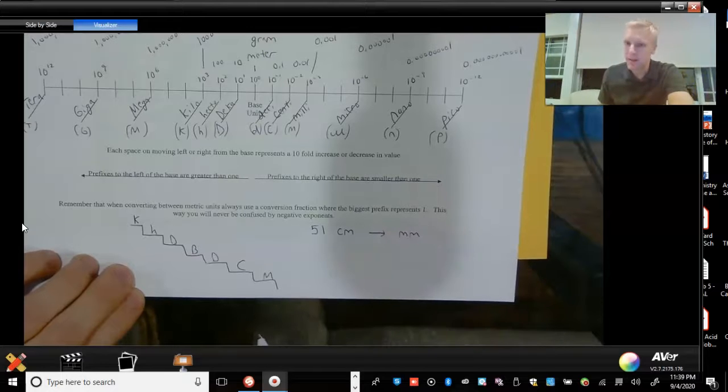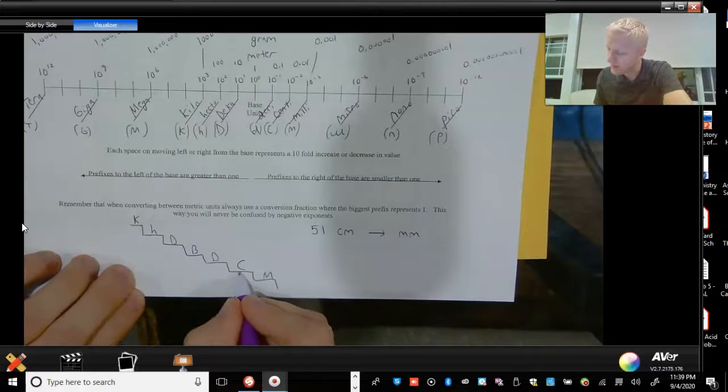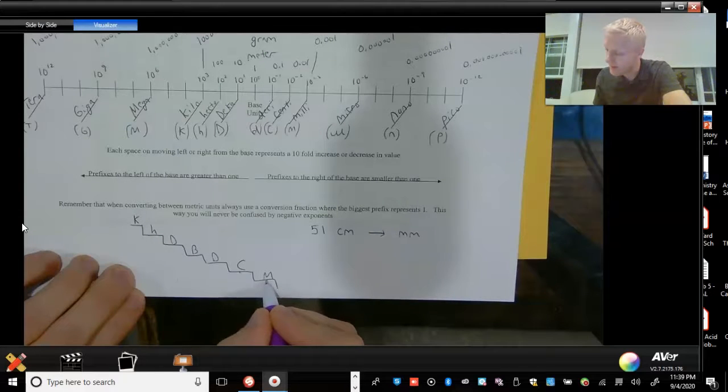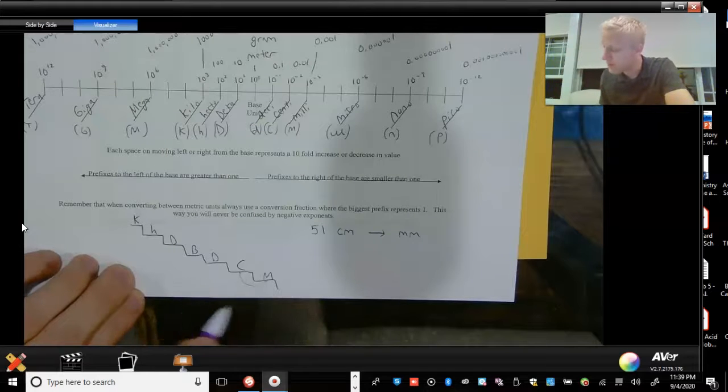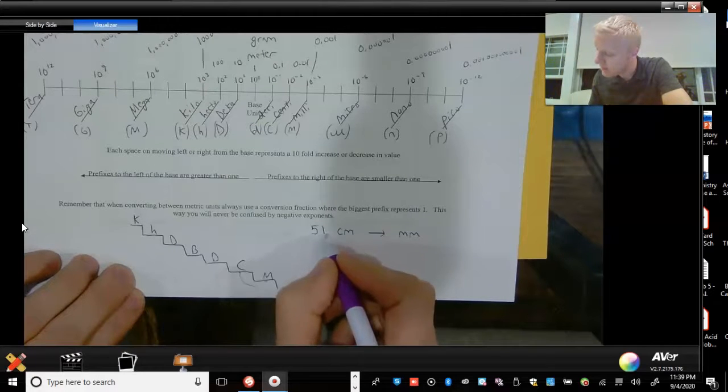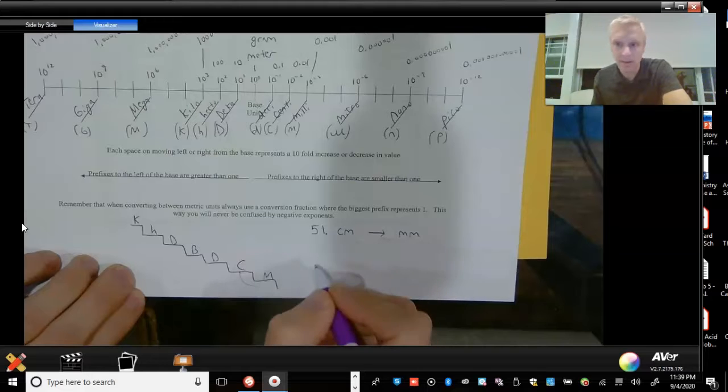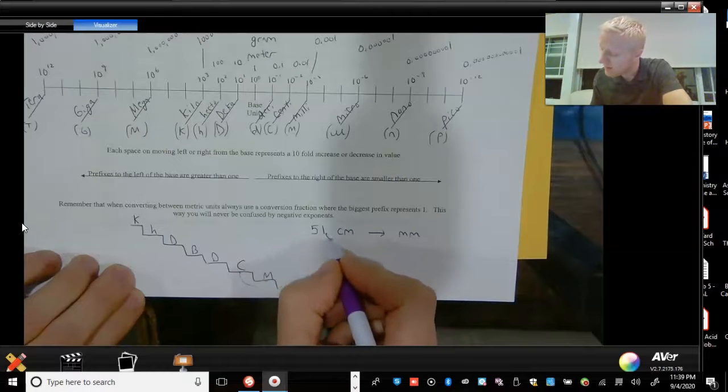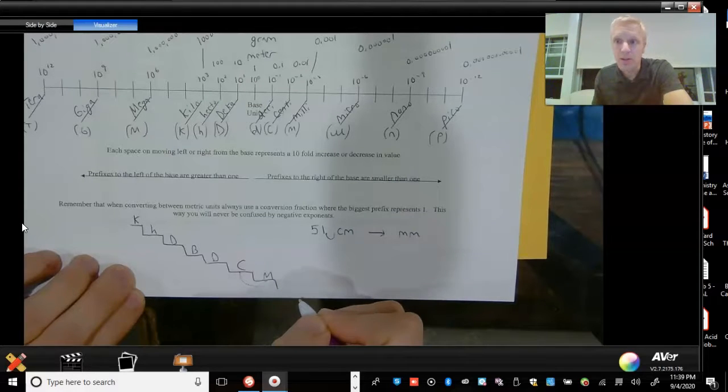Okay. I've got 51, and that's centimeters. I want to convert to millimeters. So centimeters is right here. Millimeters is right here. I'm going to move one step, and I'm moving to the right. So my decimal is after the last number, and I'm moving one step with my decimal to the right.